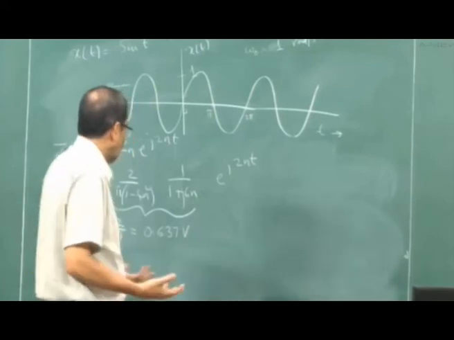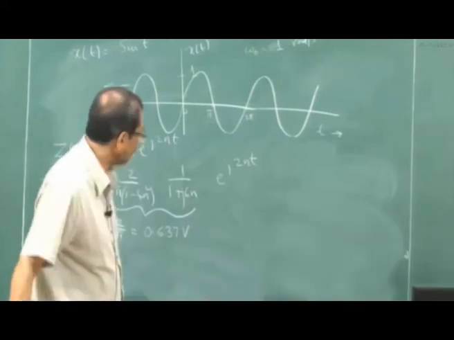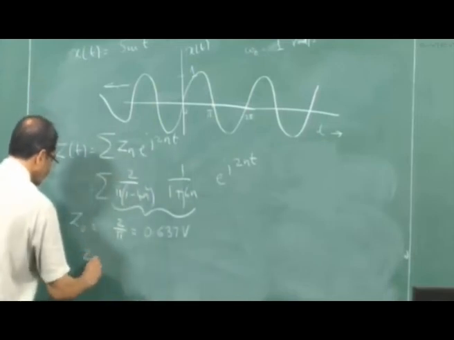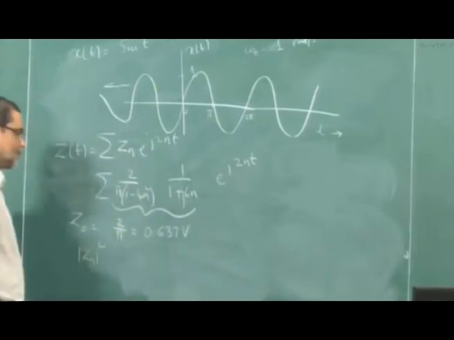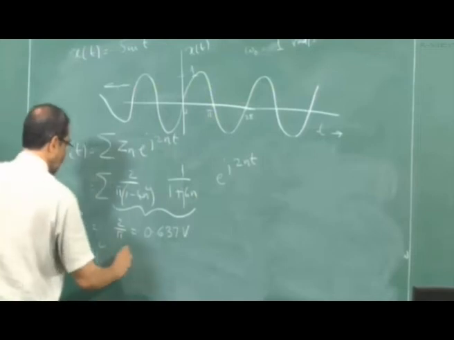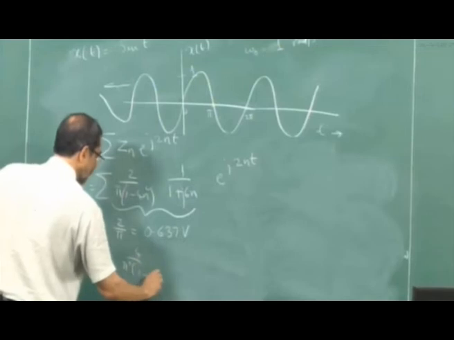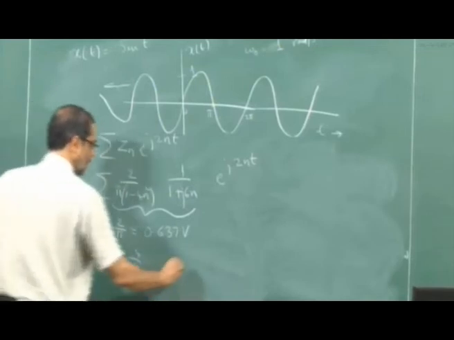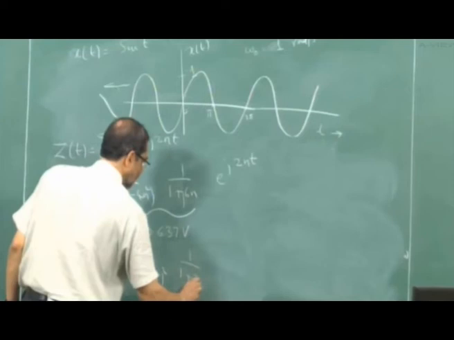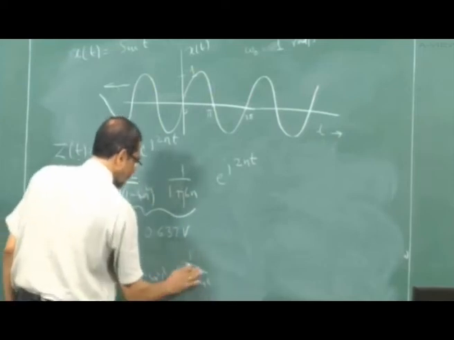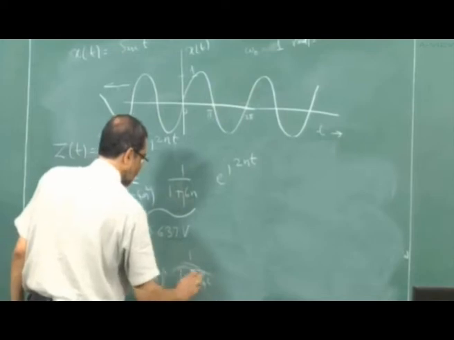If this is Zn, then Zn squared gives me the power, so that will be 4 by pi squared times 1 minus 4n squared, and 1 plus 36n squared, no under root, 36n squared.